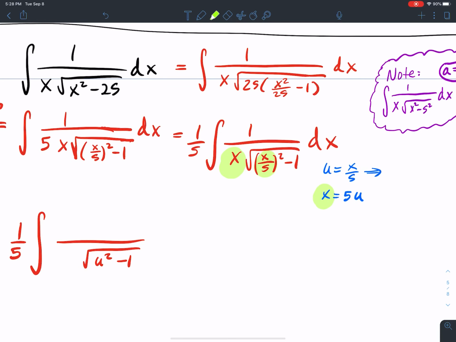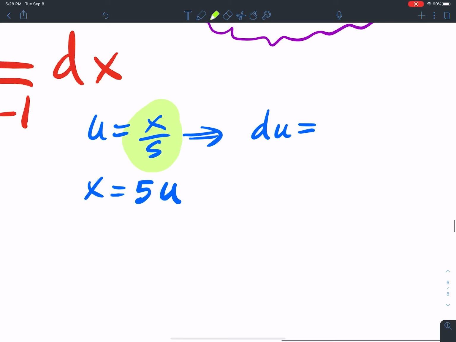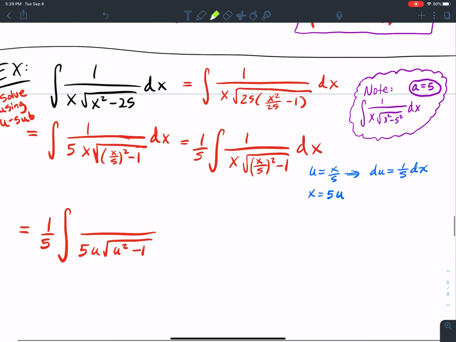So I need to solve also for x. So x is equal to 5u. So everywhere I see an x, I'm going to put a 5u, okay? And everywhere I see a u over 5, I'm going to put a u. Now the derivative here, du of x over 5 is 1 over 5 dx. So to replace dx, I need to solve for dx.